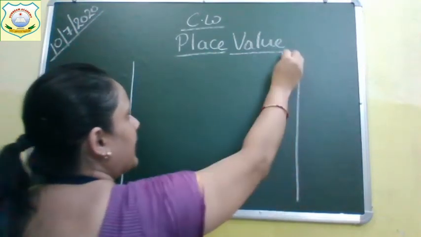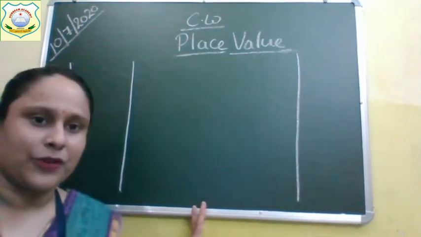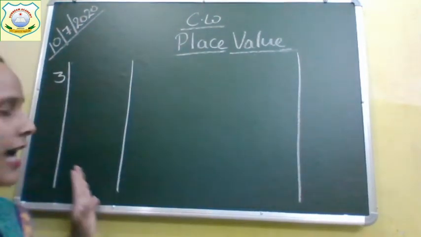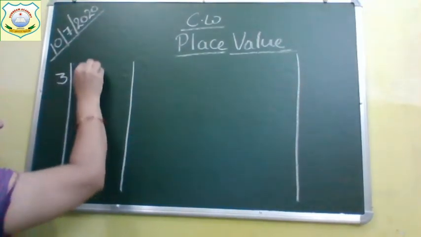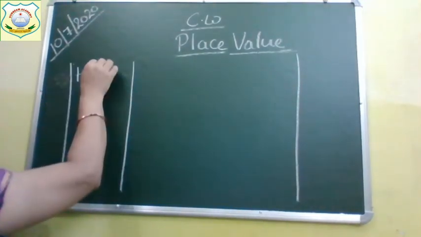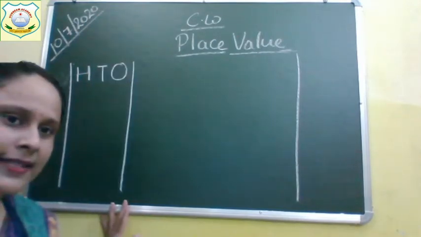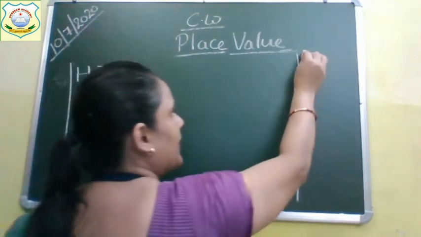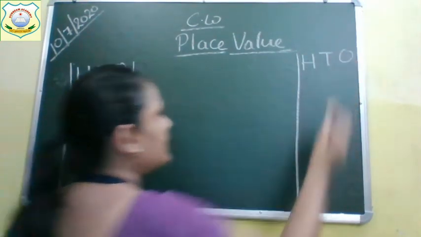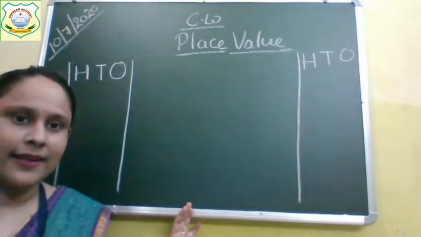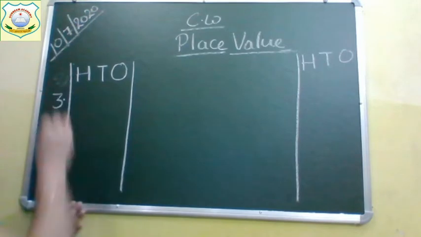You already have drawn the lines now, but I am dividing the column. The first place, now you tell me, is of hundreds. Then come tens and then come ones. This side also you will write hundreds, tens, ones. Okay. Now let's start our third question.